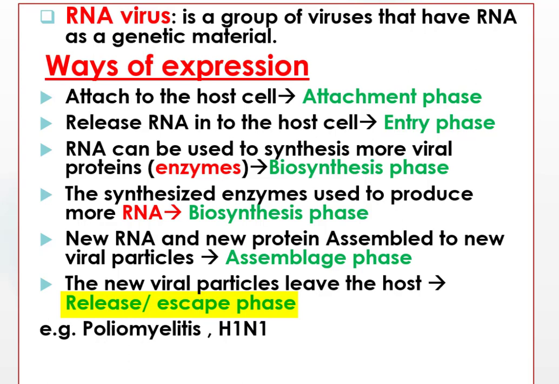Lastly, the new viral particles need to leave the host cell in order to infect other cells or other organisms, since they completely take over the whole resources inside the host organism. Examples of viruses that have RNA as a genetic material are poliomyelitis, H1N1 virus, and so on.